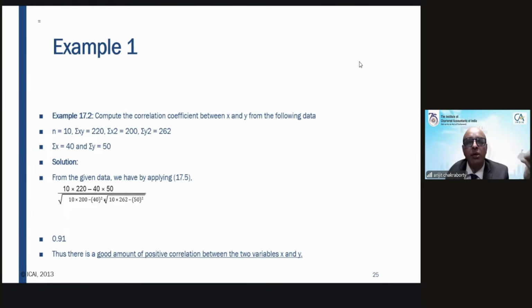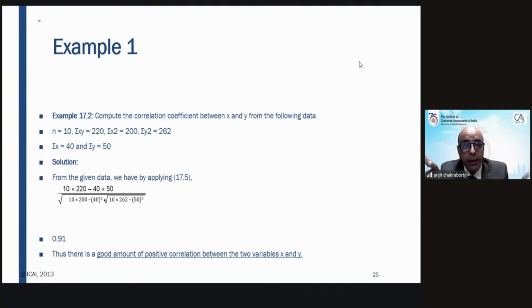So therefore just applying the formula, putting these values in the formula, we are getting n into sigma xy, please see, minus sigma x into sigma y. That is the formula. Numerator में covariance है, यानी n into sigma xy minus sigma x into sigma y. So n is 10, sigma xy is 220, sigma x is 40, sigma y is 50.